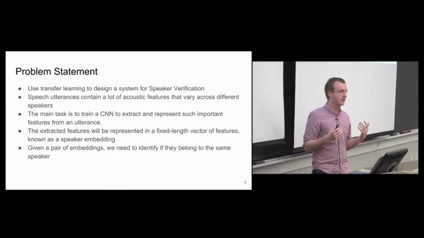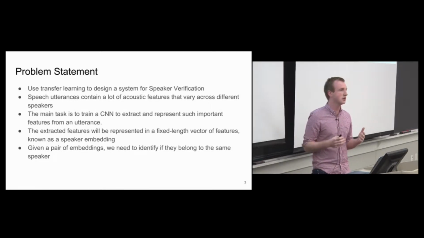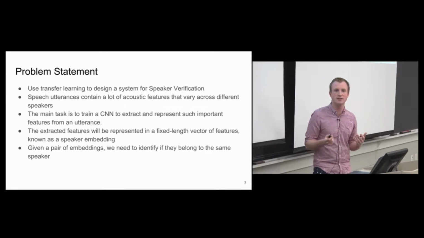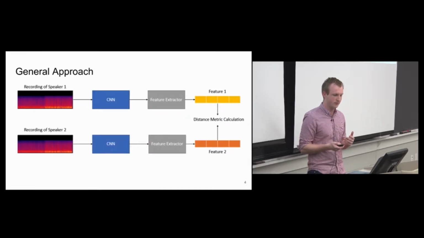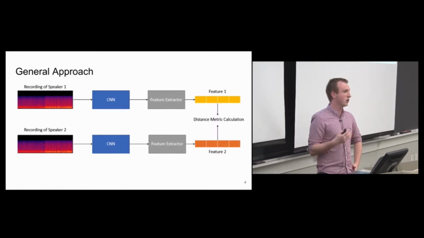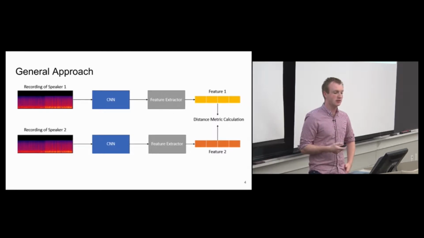So given a pair of these embeddings that we learn, from two different utterances, we need to come up with some kind of similarity metric, usually based on the distance between the two vectors given some distance function. All right, so here's a rough outline of the general approach. Two speaker log spectrograms, generally variable length.